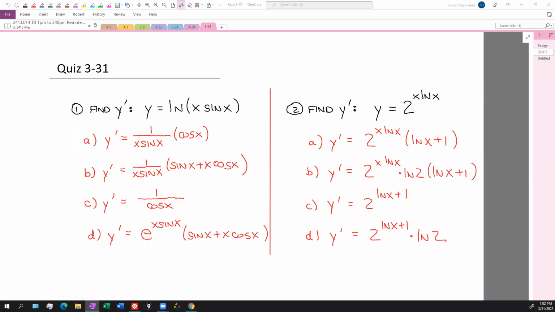You can use your notes and stuff on your formula sheets, whatever you need. On these answers, I've done just a little bit of simplification.